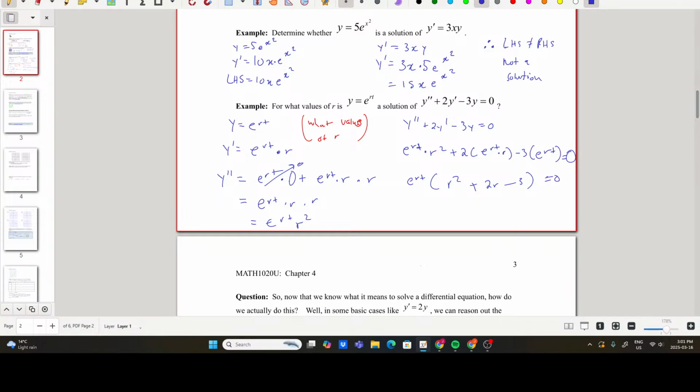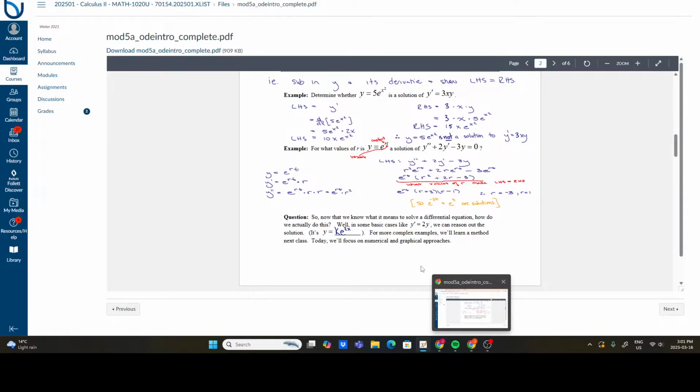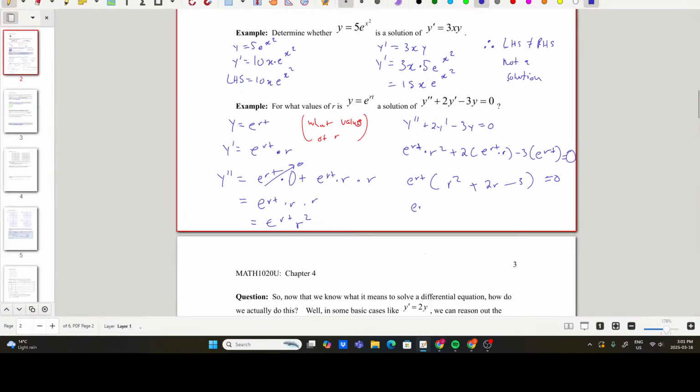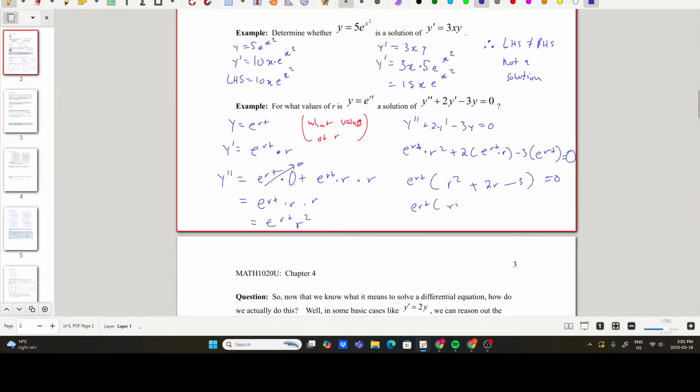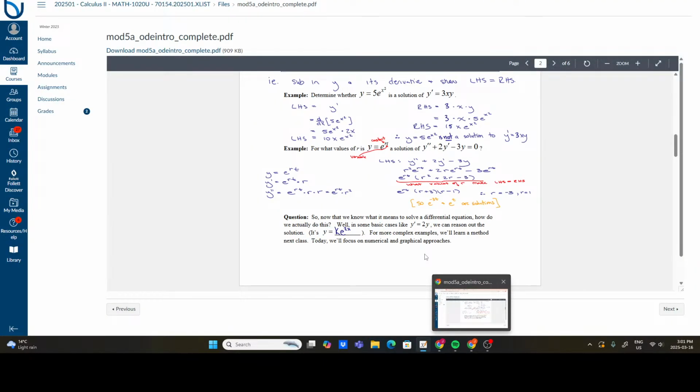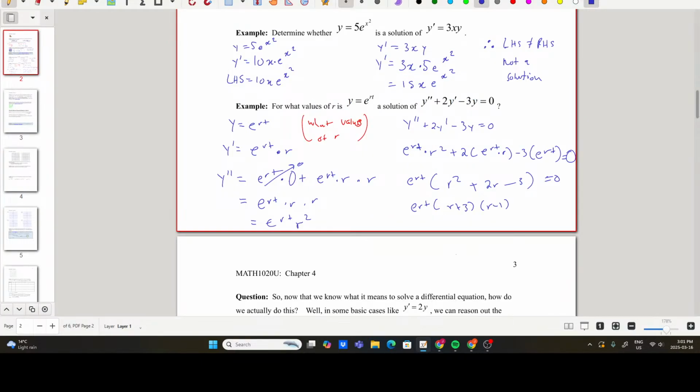And when we look at this, we definitely have our factors. If we factor out e to the rt, and we factor r squared plus 2r minus 3, we should get r plus 3 and r minus 1. So what values of r? r can equal negative 3, r can equal 1.